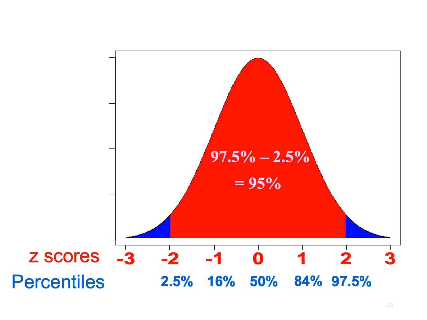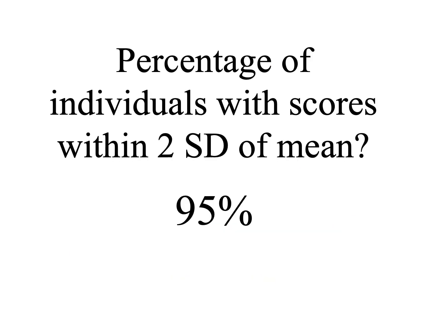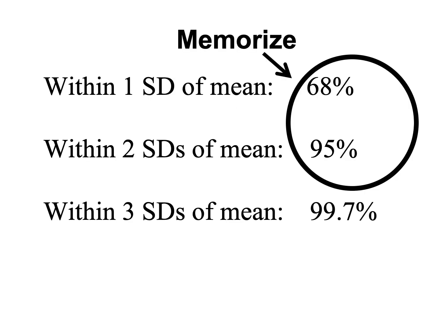So the red area is 97.5% minus 2.5%, which is 95%. So the percentage of individuals with z-scores within 2 standard deviations of the mean is 95%. You should memorize the first two numbers, 68% and 95%.